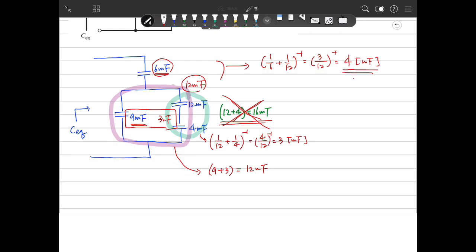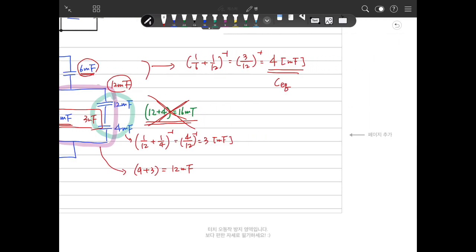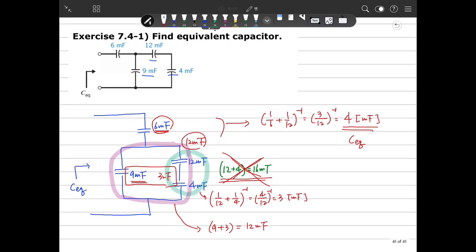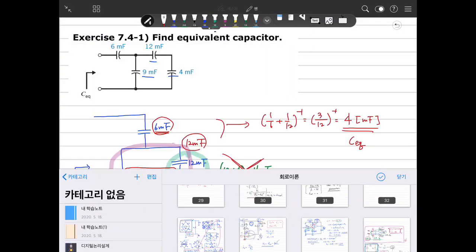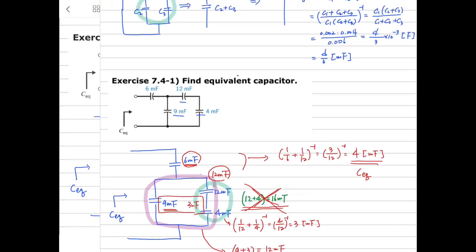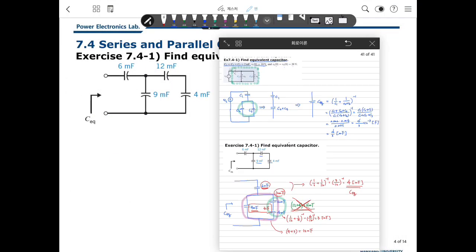So this is CEQ. Don't get confused by that. Don't get confused when the capacitor is connected in series.